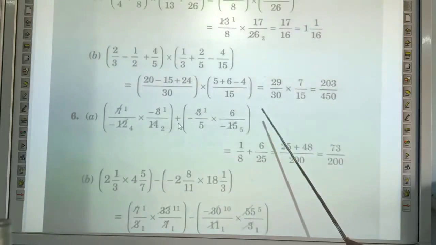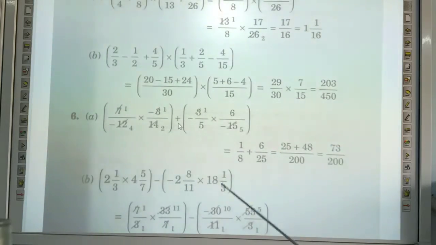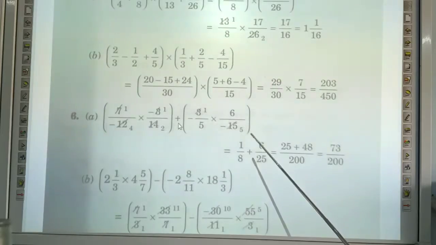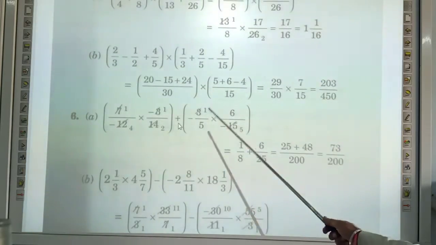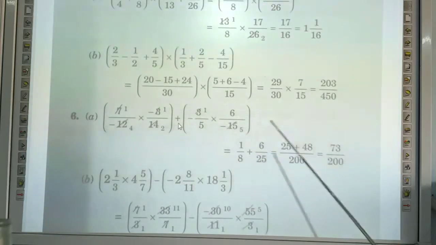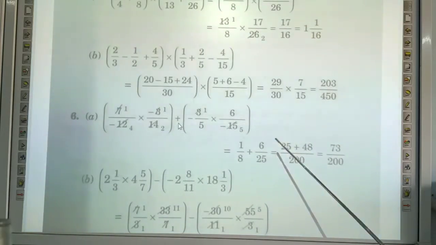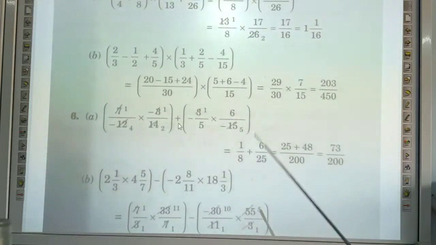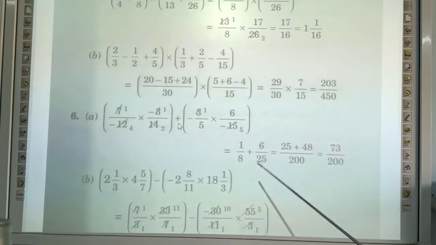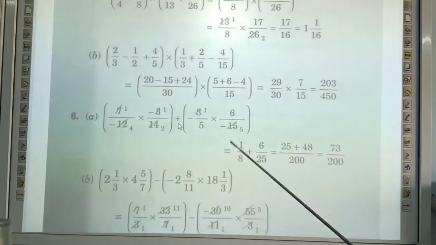And the second bracket, 3 5s are 15, and this is the cancellation, and the minus sign will also get cancelled, 1 6 is 6 and 5 is 25, so we will get 6 upon 25, both are positive. Now they are added, and here we have to take the LCM.